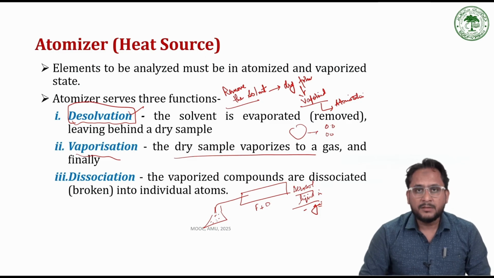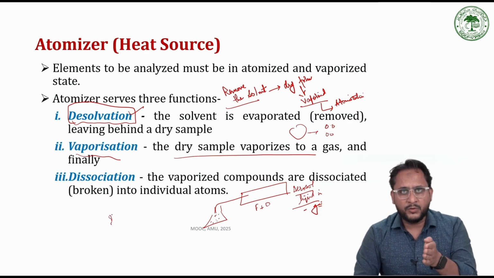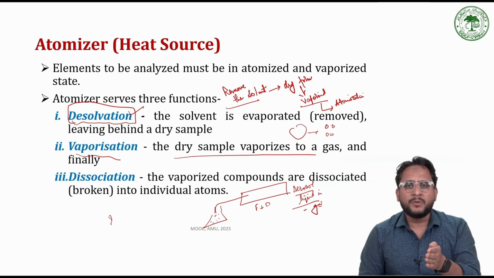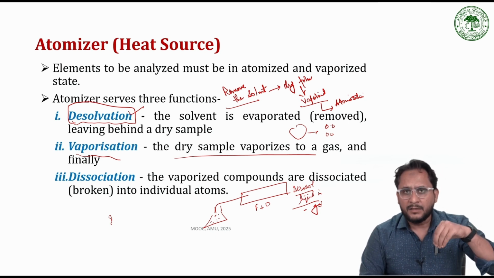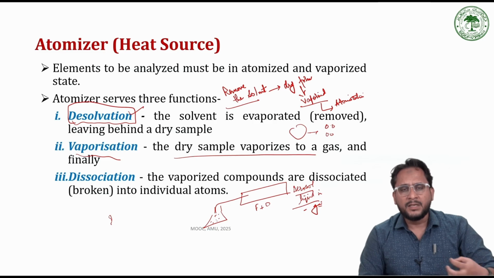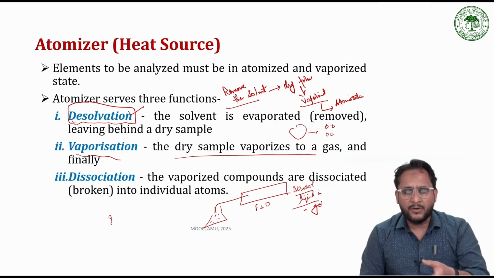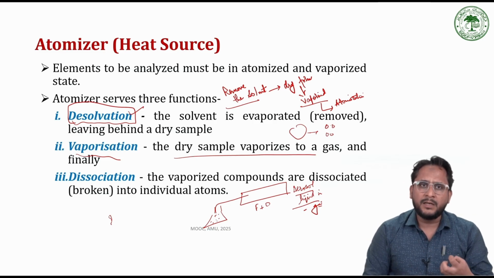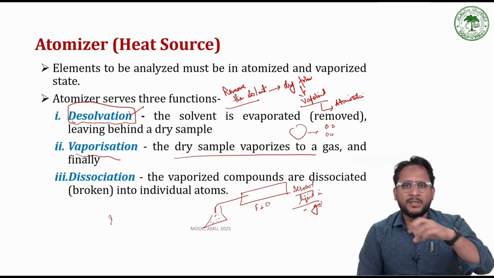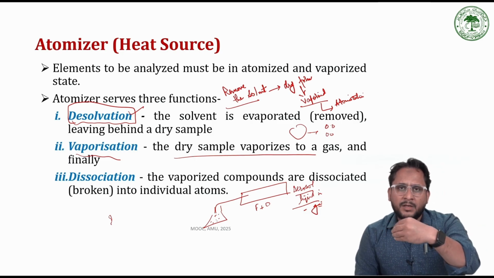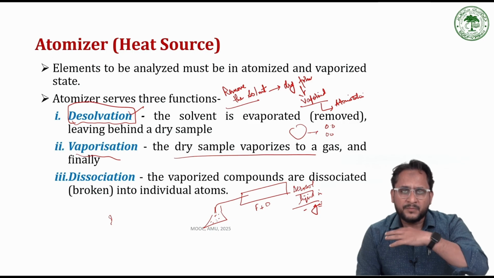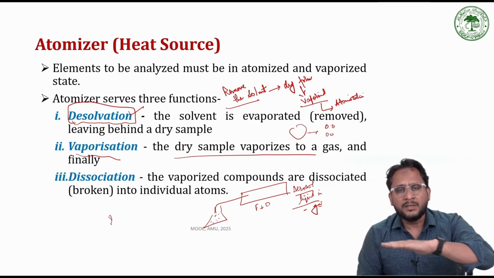Clear, students? Now in these two steps, the nebulizer and atomizer, the sample which is initially present in the form of a solution is being sucked up and converted into a finely divided aerosol which contains liquid drops in a gas. Then they enter into the atomizer, where they are heated at high temperature.